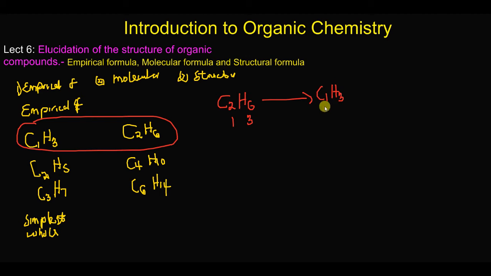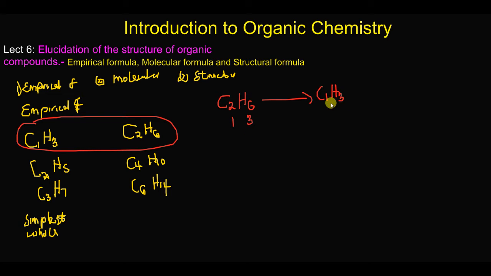So this ratio is the simplest whole number ratio of this particular compound, which we get by dividing by a common factor. When we divide by a common factor of 2, we get a simplified ratio of 1 and 3.